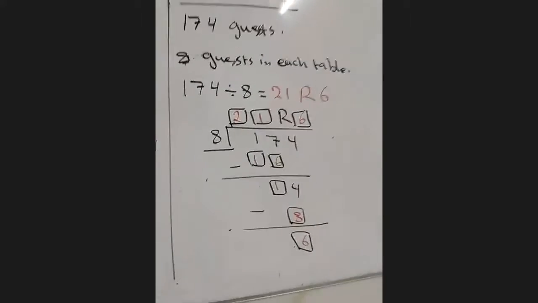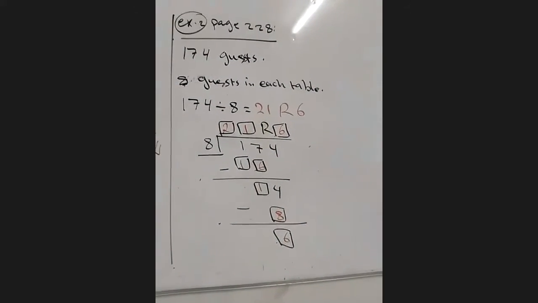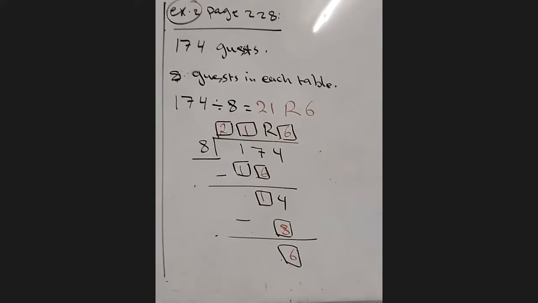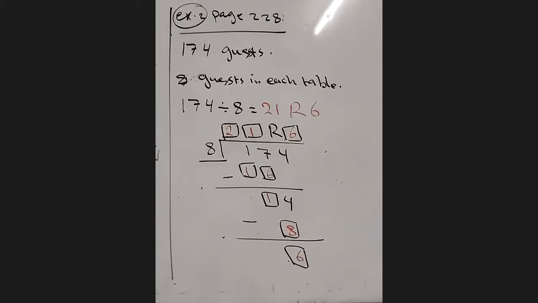What does this mean? Can you tell me what this means? 21 tables. Excellent.